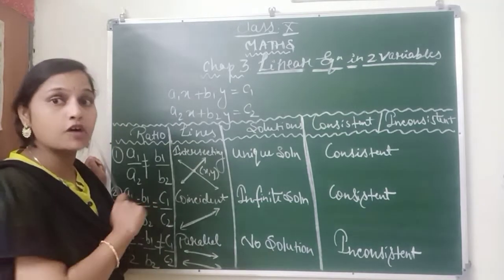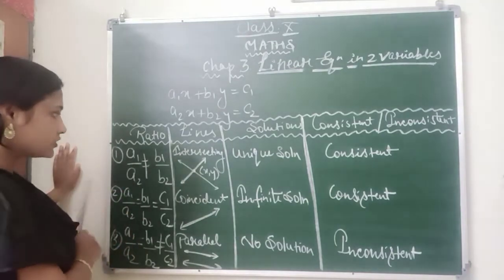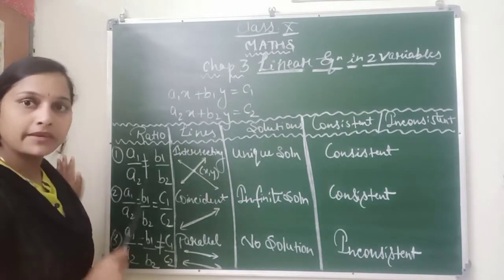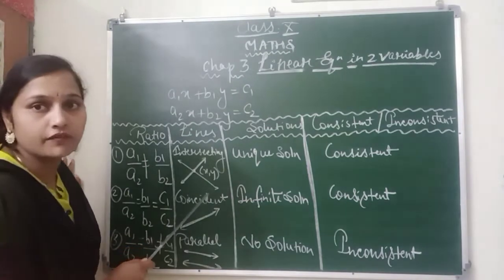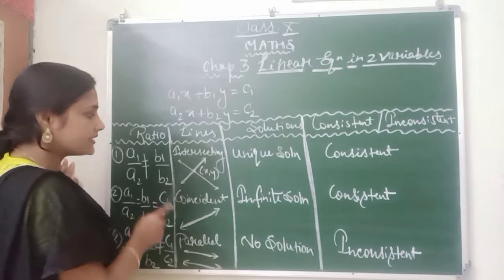Then you observe that if a1 upon a2 is not equal to b1 upon b2, meaning the ratio of the coefficients of x is not equal to the ratio of the coefficients of y, then we will get intersecting lines.